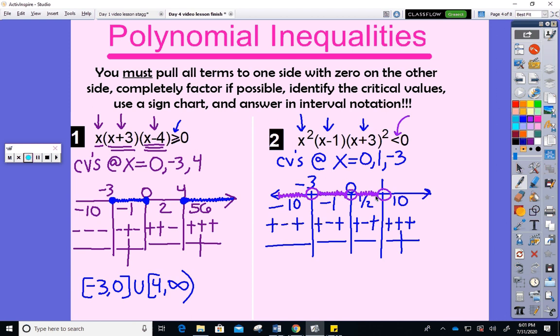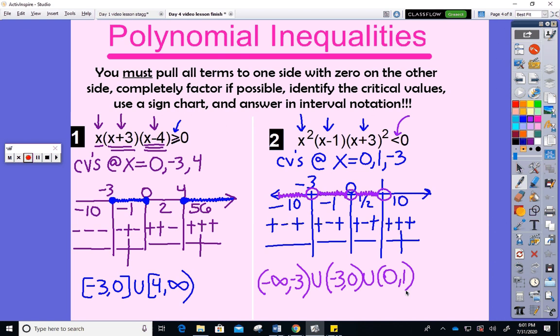So to the left of -3 is -infinity to -3, parentheses, union, -3 to 0, union 0 to 1. So your intervals should always read left to right, okay? Don't mix them up. The order matters.